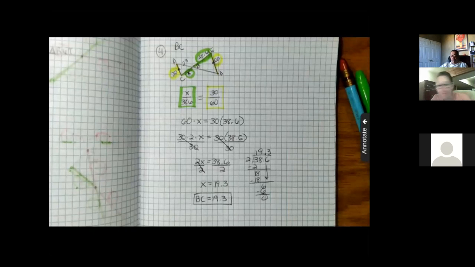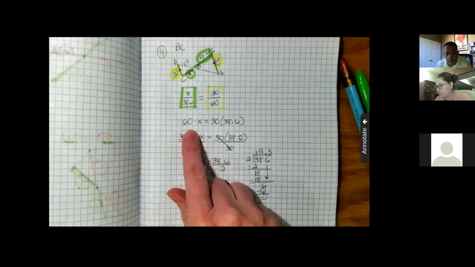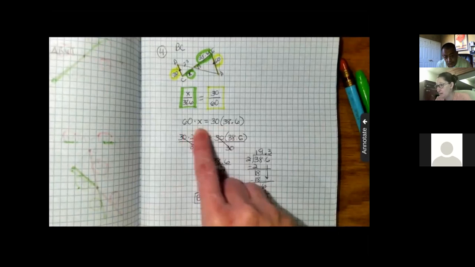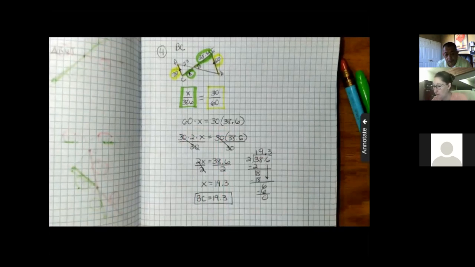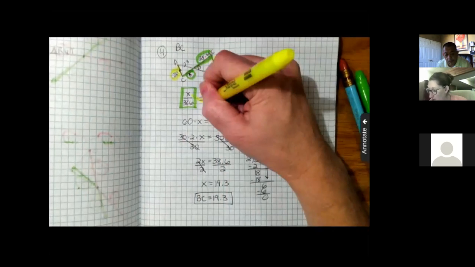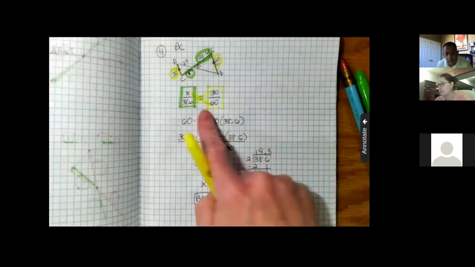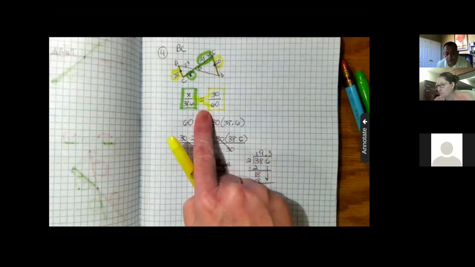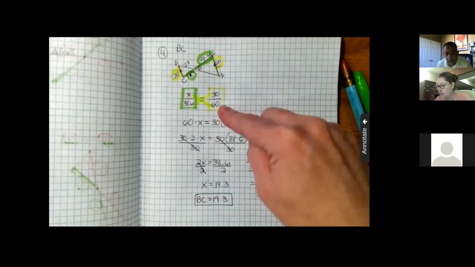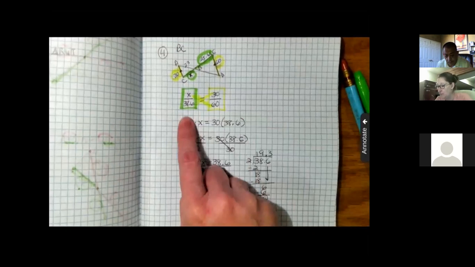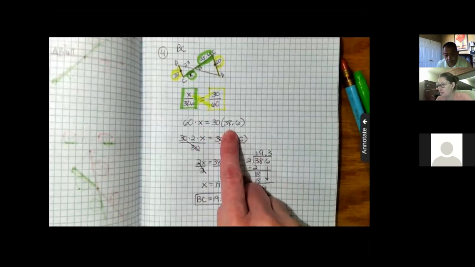I'm confused on the part with the 60x equals 30 times 38. Right, you're here? Okay, so I cross multiplied. I said X times 60 and 30 times 38.6. It's that cross multiplying we did from last week. So X times 60 is here. 38.6 times 30 is here. So I just wrote it that way.